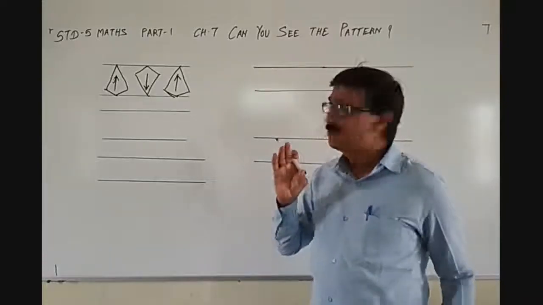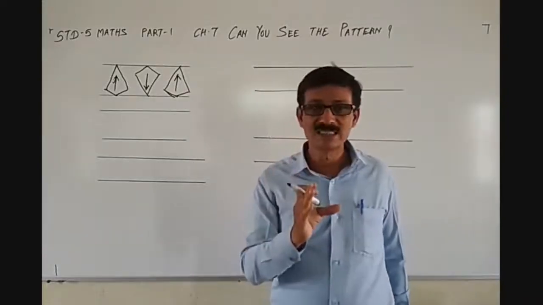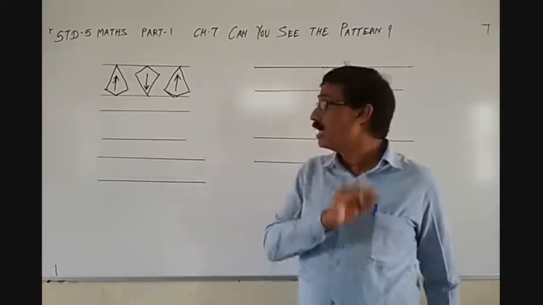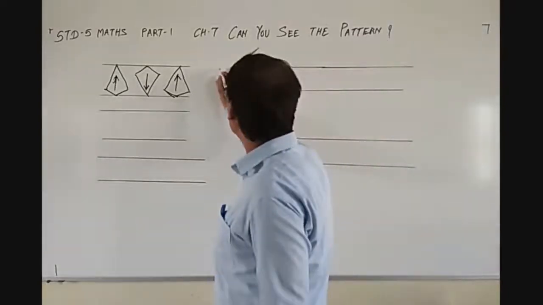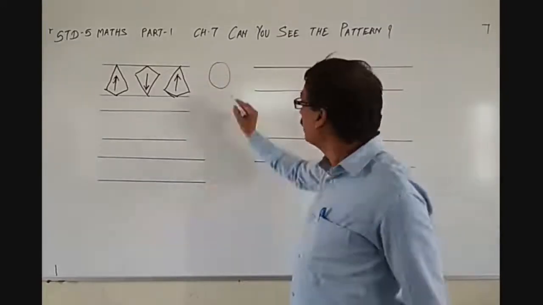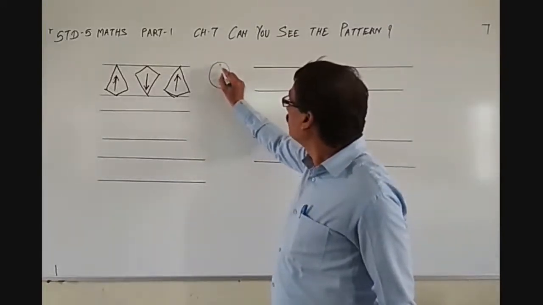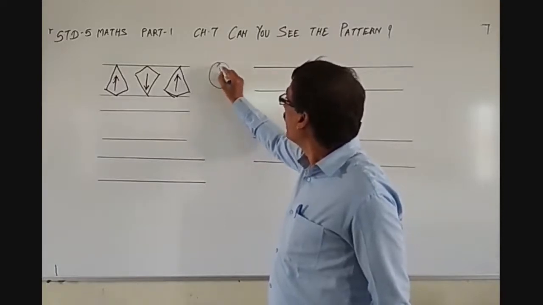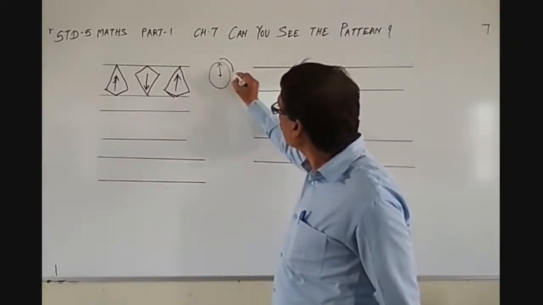Now let me make you understand what is clockwise and what is anti-clockwise. You must have observed that if there is a clock, suppose this is a clock, then the hand of the clock rotates in this direction.